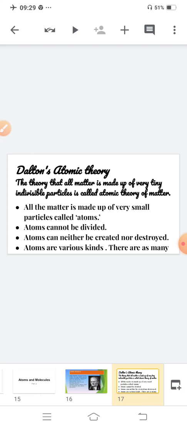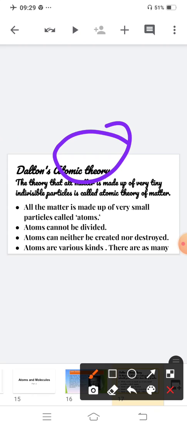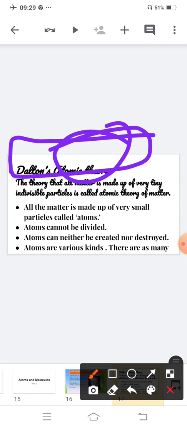Now, Dalton's atomic theory. The theory that all matter is made up of very tiny individual particles is called the atomic theory of matter. Why is it known as Dalton's atomic theory? Because this theory was given by John Dalton.